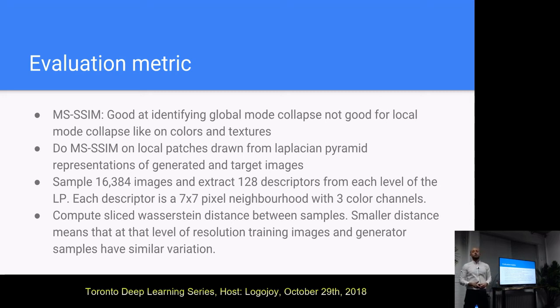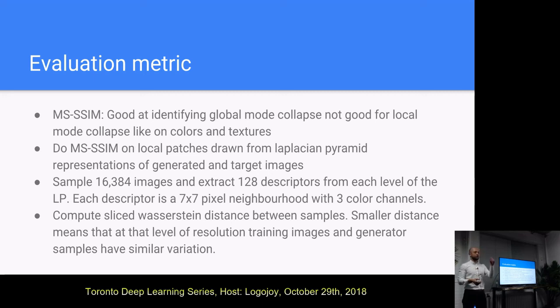So what the authors do is they propose something like MS-Sim, but doing it at multiple levels of resolution simultaneously. And they're hoping that in this way, you're able to capture the really structural, global kind of structure at the low resolution evaluation, and then at the high frequency ones, you can focus more on those local details. The way they do this is they sample from more than 16,000 images, and they extract 128 descriptors from each level.